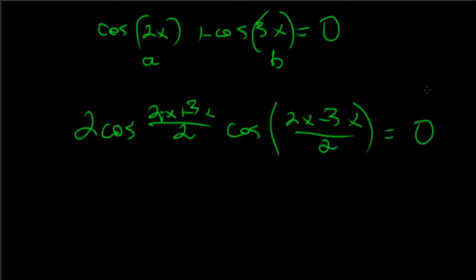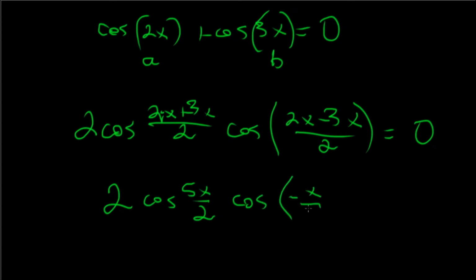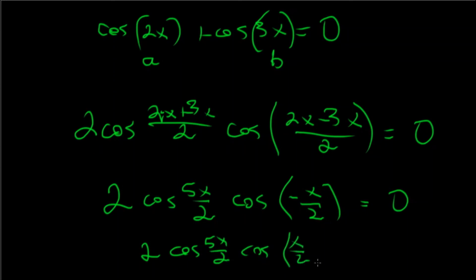The cool thing is, if you jump back to previously in the video, this is exactly what we had before. Oh, actually, no, it's not. We have a negative x over 2. But does that matter? No. Cosine is even. So I can just go ahead and get rid of that negative, and we're back to where we were before.